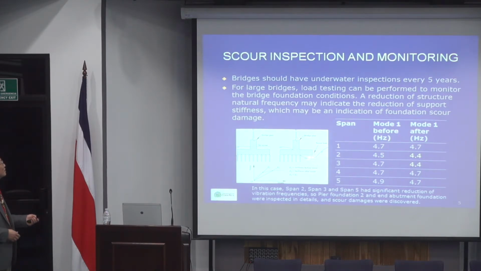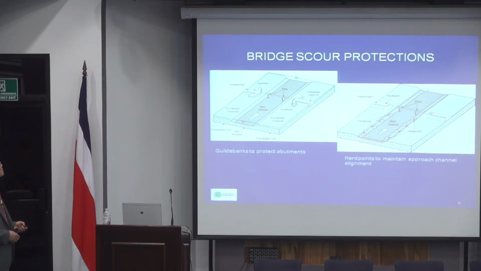Then you will be able to tell, if you have span 1, span 2 and span 3, and span 3 has a significant change of vibration frequency, then you may know that the pier between 2 and 3 may have scour damage. Then you can do a detailed inspection.